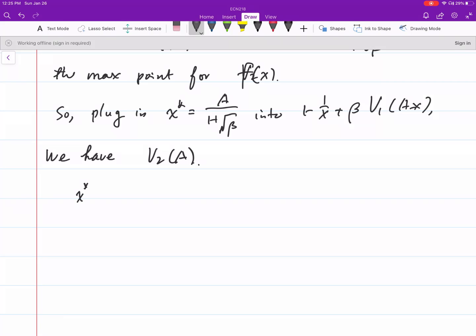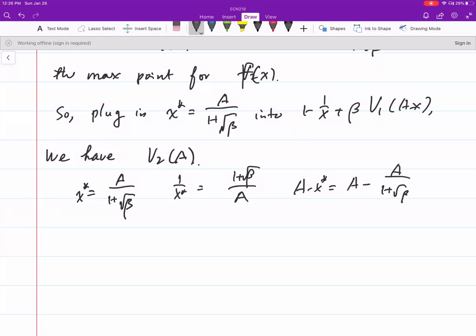x star now is a over 1 plus root beta, right? So 1 over x star is going to be 1 plus root beta over a, right? And a minus x star is going to be equal to a minus a over 1 plus root beta.